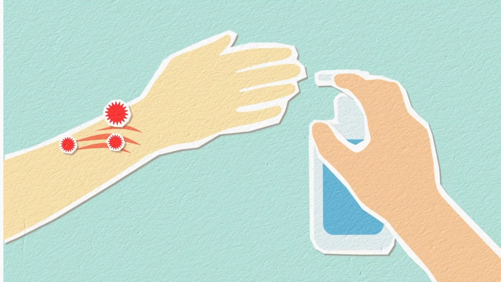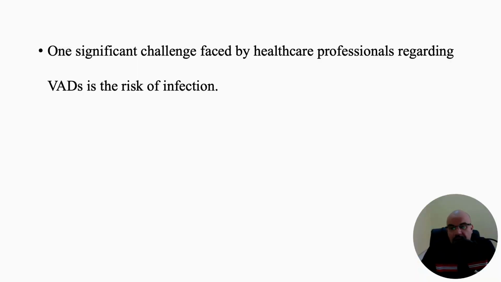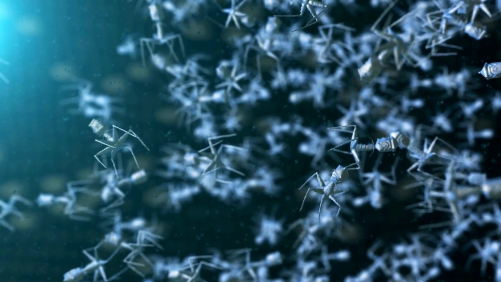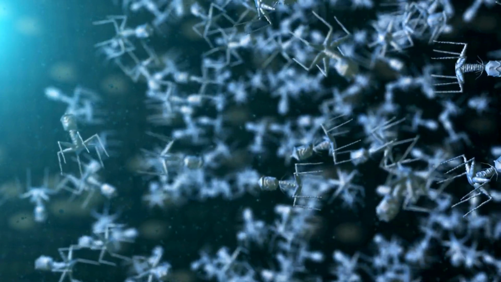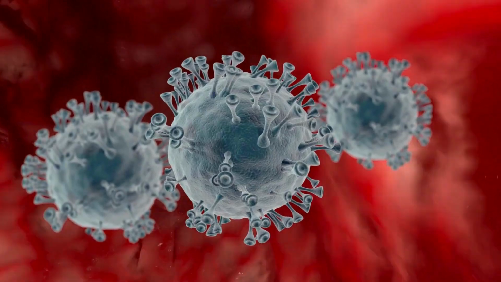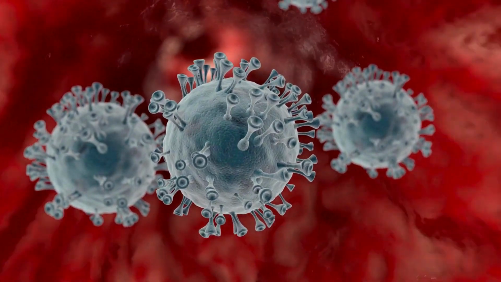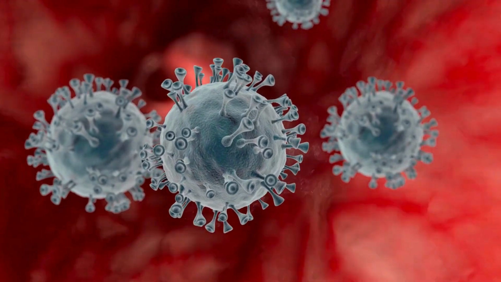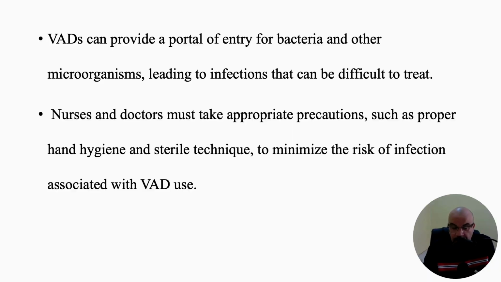We go directly to the center of the body, to the blood, and it's an open access, so it can give a route for the bacteria to penetrate and come inside. And there are a lot of complications associated with the infection that comes from this port that we already opened for the bacteria, leading to complications.